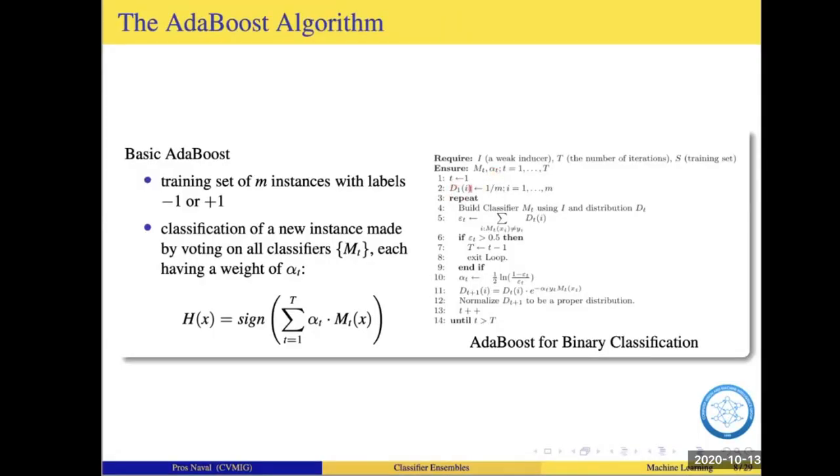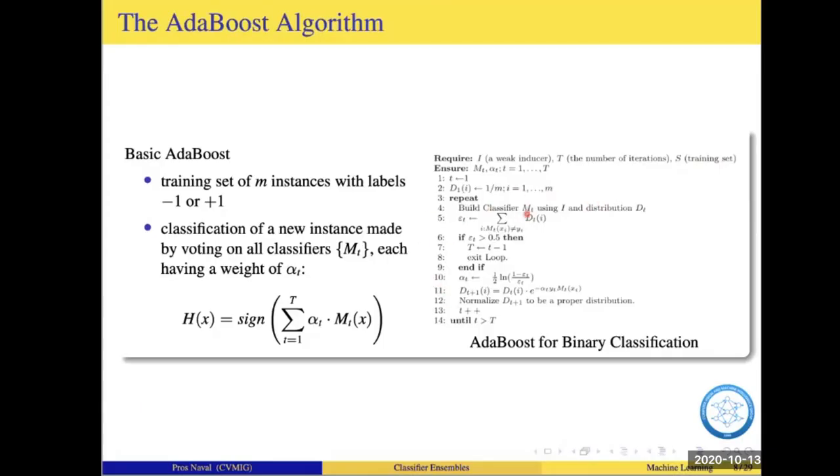So you initialize your counter to 1, and then you initialize your distribution. You have a probability distribution of choosing a sample. That would be a uniform distribution here. There are M different samples in your training set, and we repeat the following procedure.